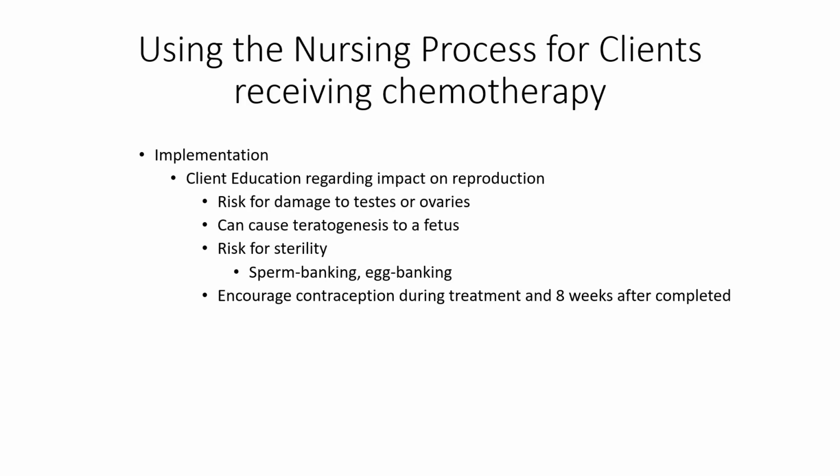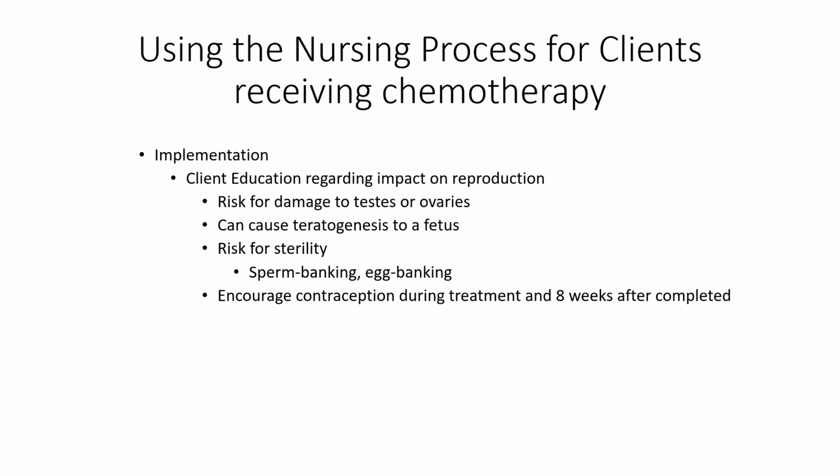For those people who are still concerned about reproduction, chemotherapy does put a risk for damage to the testes and the ovaries. It can cause teratogenesis to a fetus, which means birth defects, or the fetus will not survive. Also, there's a risk for sterility, so there's a lot of conversations about that.